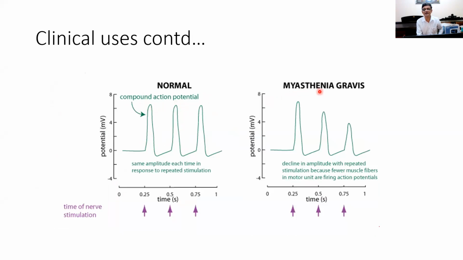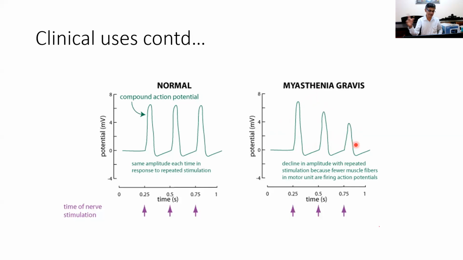But in patients with myasthenia gravis, when you give repetitive stimuli, the acetylcholine receptors are destroyed due to an autoimmune condition, and the action potential cannot get stimulated to the same height with repeated stimuli. So the first one, you will see a tall one, the next one is slightly shorter, the next one even shorter.